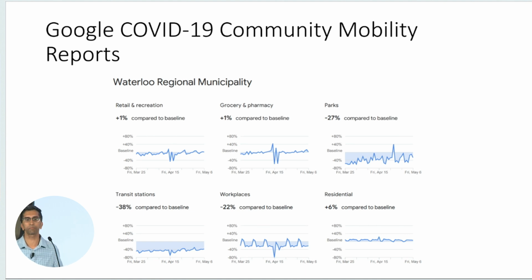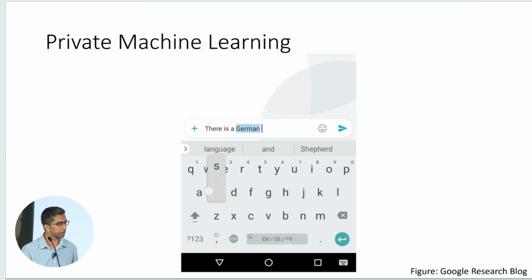But of course, this is very privacy-sensitive data, but it also has potential sociological interest. So what they did was release aggregate statistics about where people spent their time compared to before. You can see that workplaces were 22% down from before, and transit stations, no one's taking the bus or whatever, during the very beginning of COVID. They released this data, but in order to protect individual privacy, they released it with differential privacy baked in. Maybe now the COVID statistics are a little bit old.